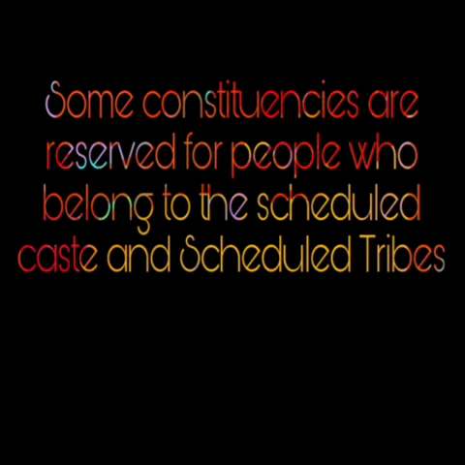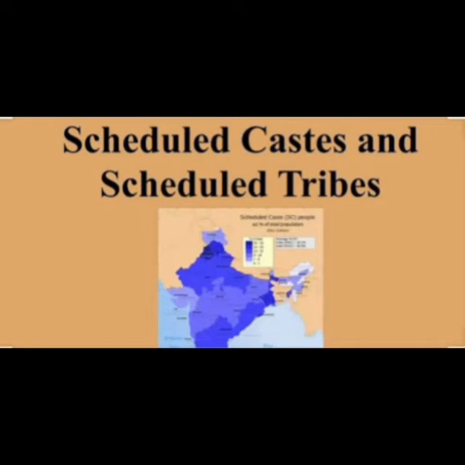and scheduled tribes. In a scheduled caste reserved constituency, only someone who belongs to scheduled caste can stand for election. Similarly, only those belonging to scheduled tribes can contest an election from a constituency reserved for scheduled tribe.